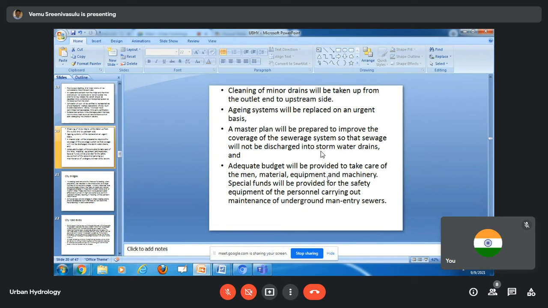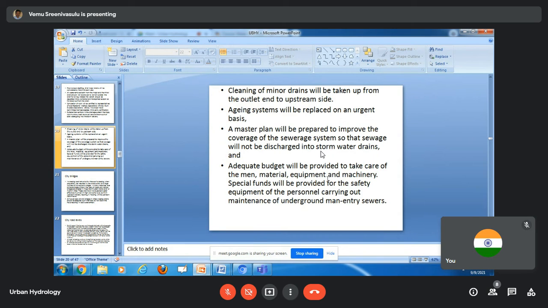So that is very unfortunate. There should be some type of machinery to clean the drainage pipes, and some safety equipment should be given to the people who are doing this service. That is what we are still lacking. We even see casualties when a man goes inside, and dangerous gases may harm the people.